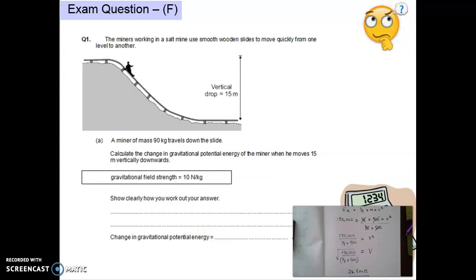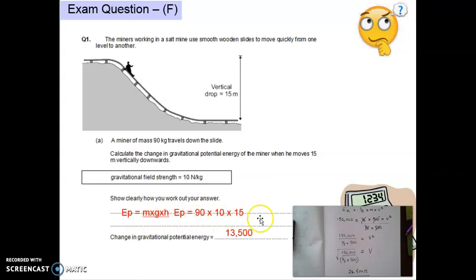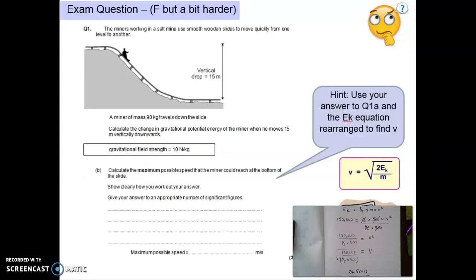Okay, so you've worked out your answer. Mass 90 times 10 times 15. Show me your calculations and your answer, and the joules, the unit was given there, so 13,500. Excellent. Now a slightly harder version of this would be to calculate the maximum possible speed that the miner could reach.